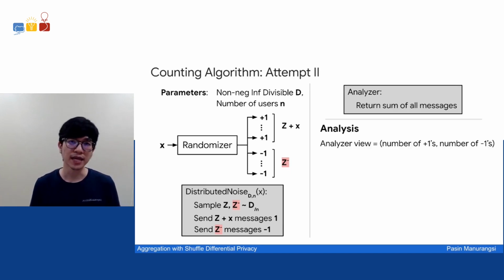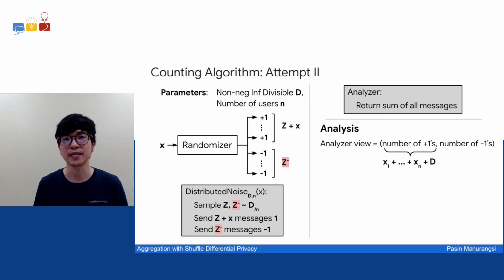Now, what does the analyzer see? There are now two types of messages, plus 1 and minus 1. So they will see the number of plus 1s and the number of minus 1s, the total across all the users, since this is after shuffling. And the total number of plus 1s will be the sum of x_i plus a random variable drawn from D. And the number of minus 1s will just be a random variable drawn from D as well.